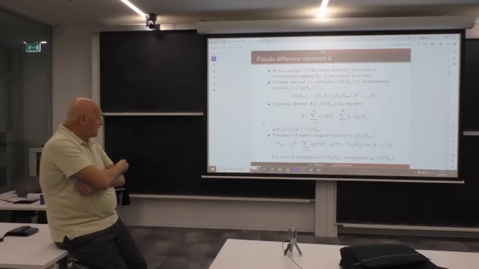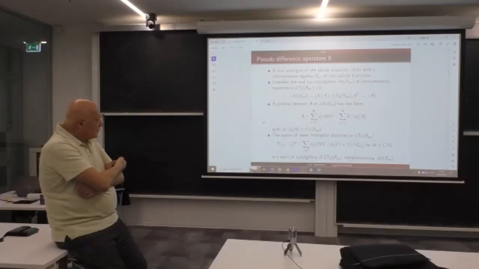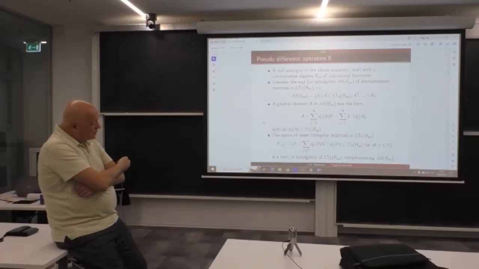Here we have again a complement. I call this complement P smaller or equal than 0, and it consists of all pseudo difference operators that are of order 0 or lower, and all coefficients are in the ring R AS.